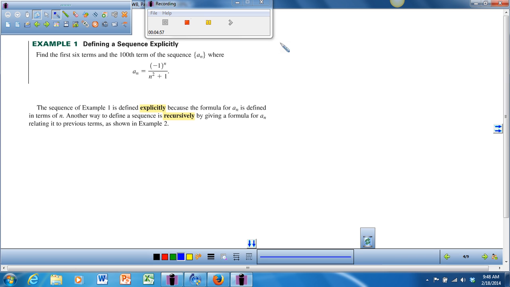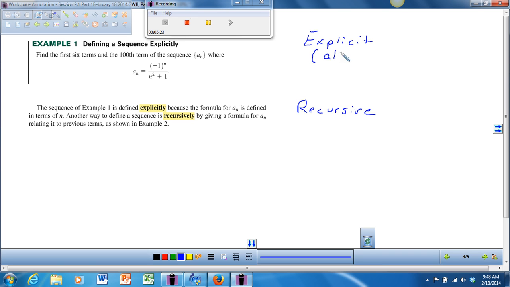So defining a sequence explicitly. Two very important terms we need to understand: an explicit definition and a recursive definition. An explicit definition of a sequence is all in terms of n.